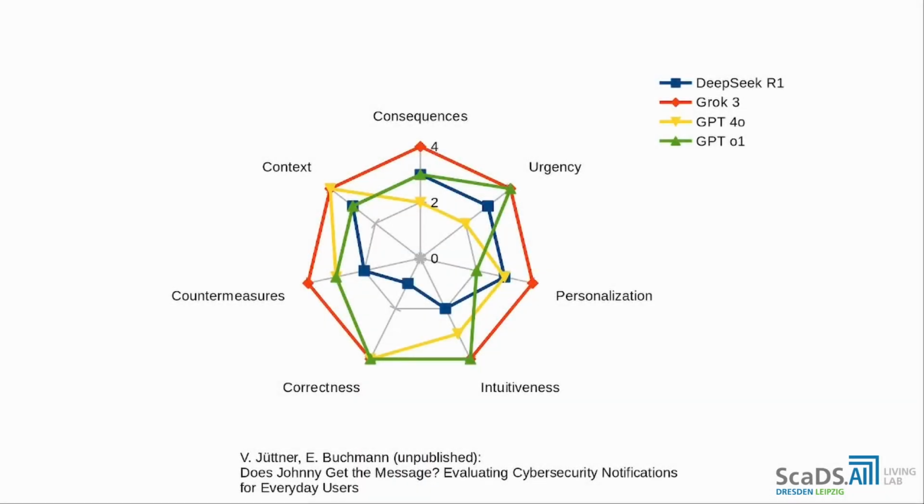Here you can see the 7 dimensions we use to evaluate the security notifications. On the top you see consequences. This refers to if the consequences of an attack are translated correctly into the security notification.